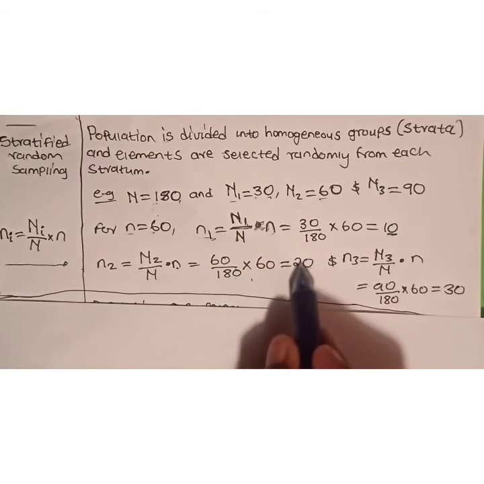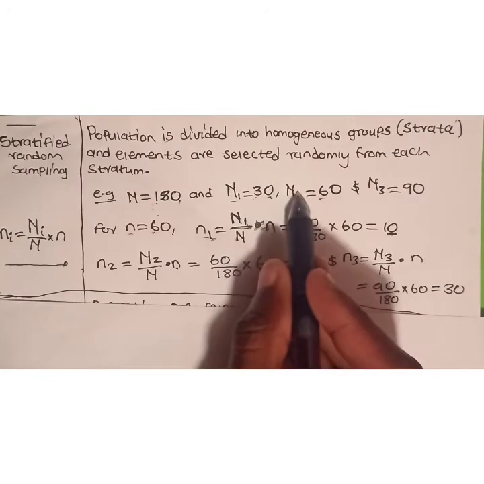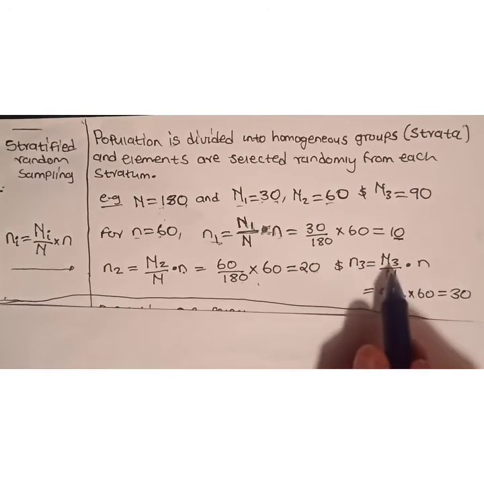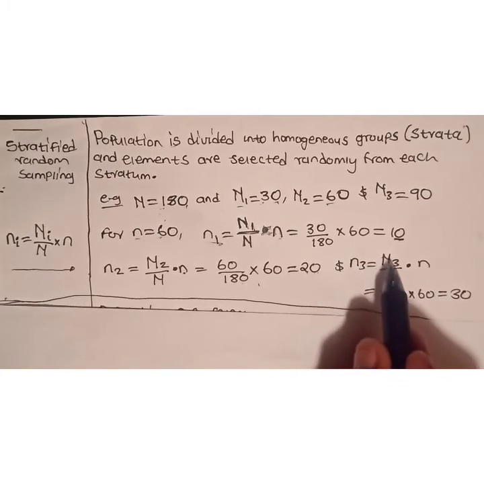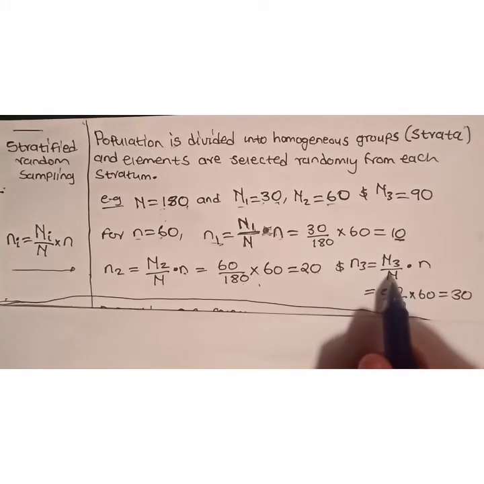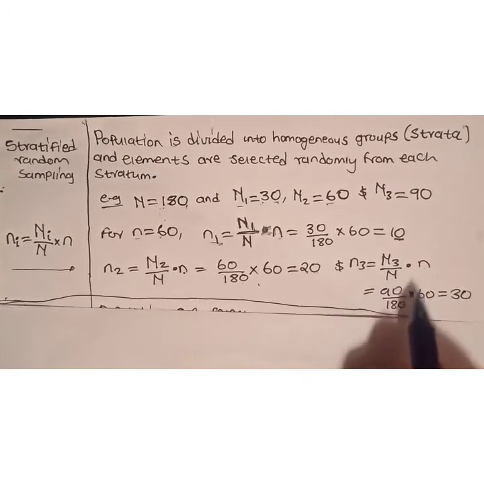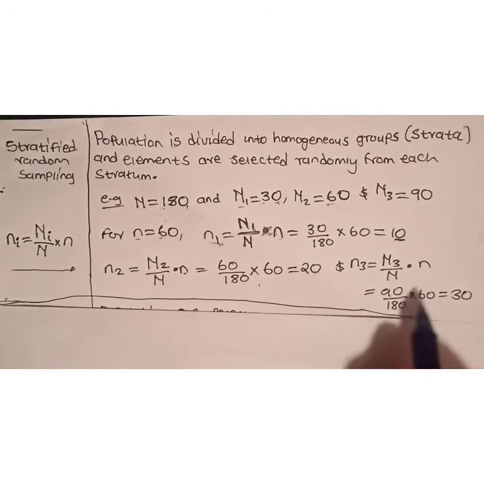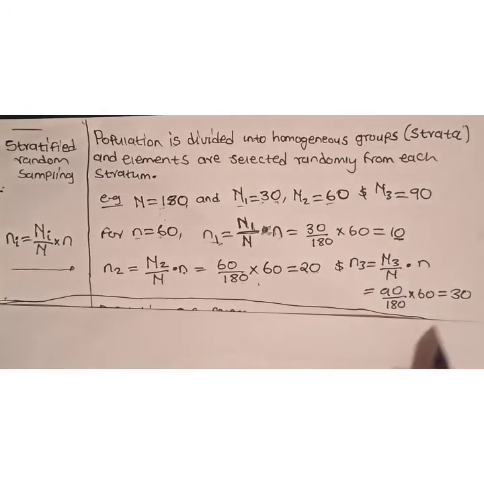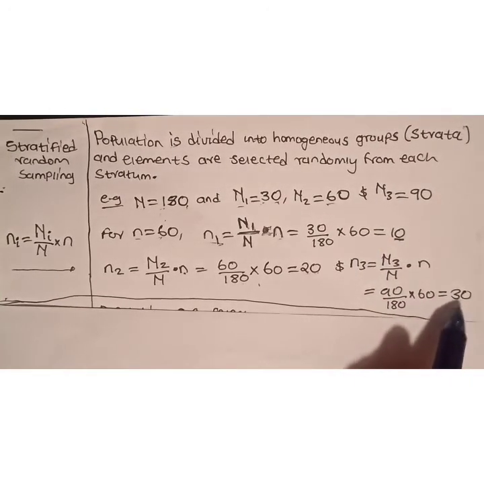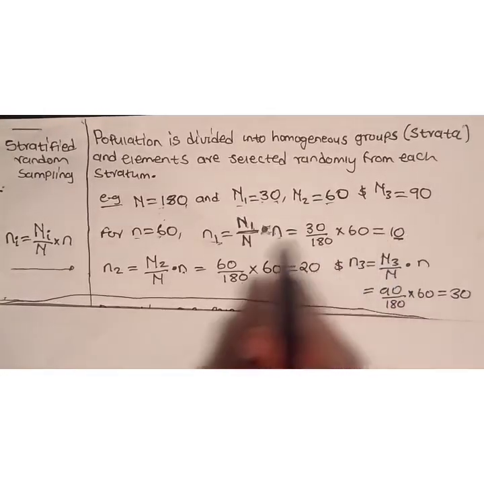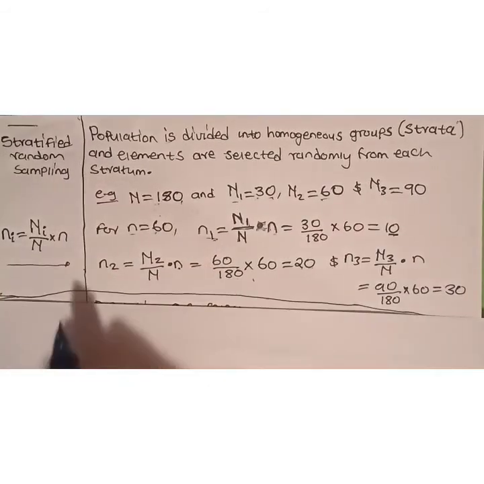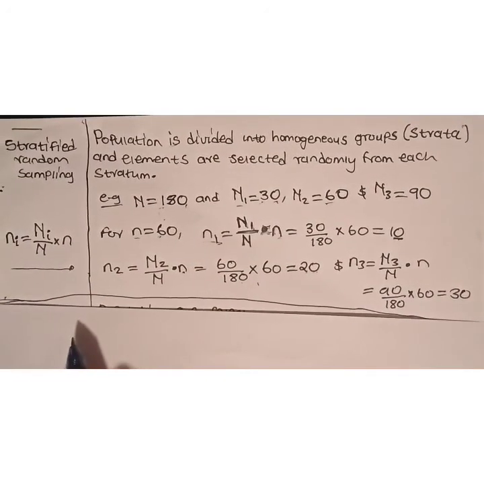You'll get 20 individuals from stratum 2. Similarly, for stratum 3, it is the population size from stratum 3 over the overall population size times the sample size, which is 90 over 180 times 60. You will get 30 individuals from stratum 3. So if you add 30 plus 20 plus 10, it will give you 60. So that's how stratified random sampling works.